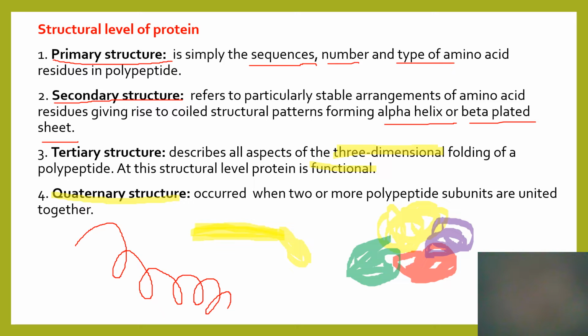For example, hemoglobin is such a type of protein molecule. It has 4 polypeptide molecules assembled together. Therefore, at quaternary structure, 2 or more polypeptide molecules are assembled together as the functional protein. These are the 4 structural levels that protein molecules can pass through to reach their mature and functional levels.